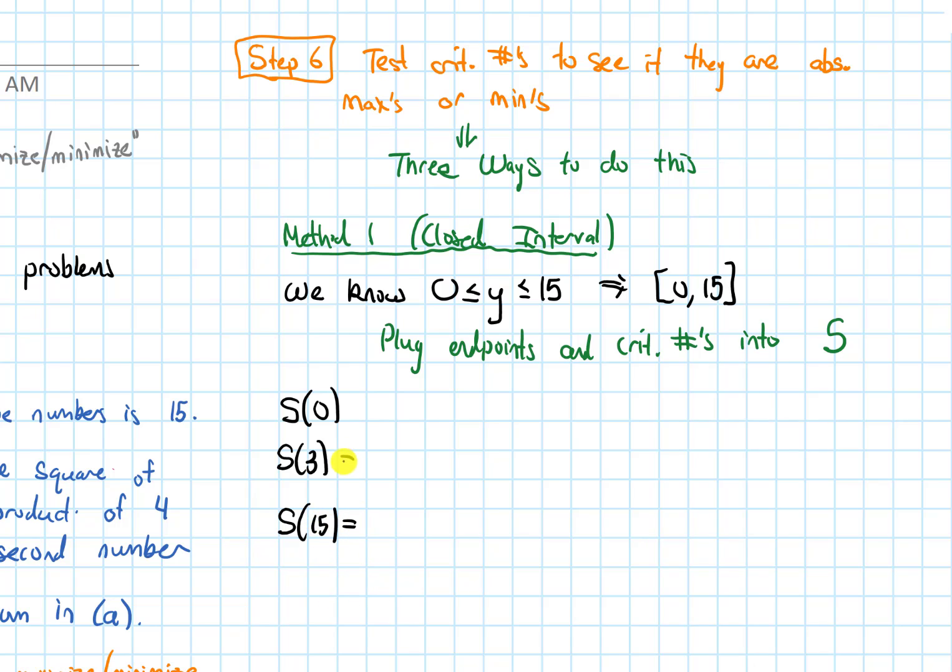Okay, so if I plug 0 into my original function, remember I'm going to use s of y, after I had plugged in, it was 15 minus y squared plus 4y squared. So I'm going to be plugging into that when it's completely in terms of y. If I plug 0 in, we get 15 squared plus 4 times 0 squared.